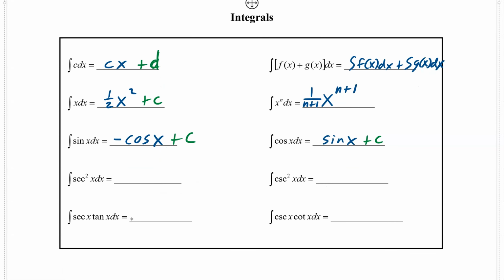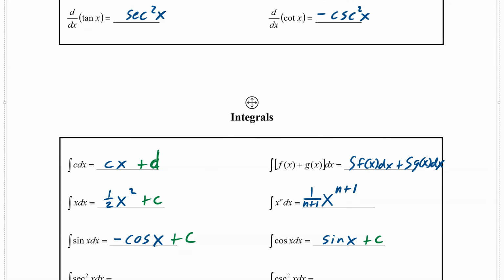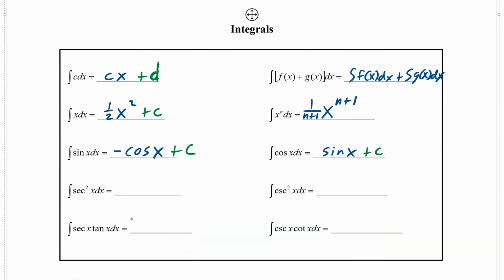So what was the one that gave us secant squared? Going back up, secant squared was tangent. And secant tangent was secant.